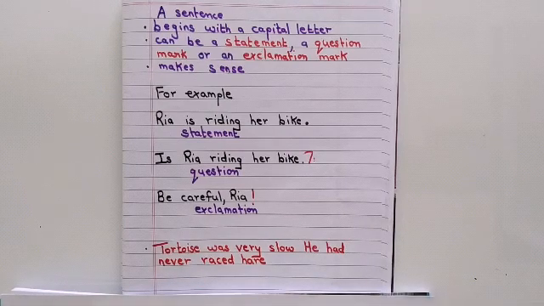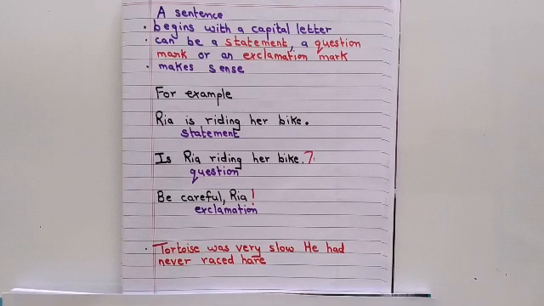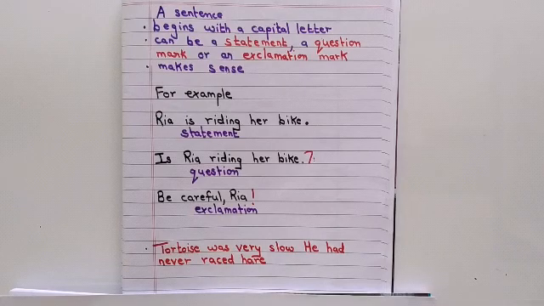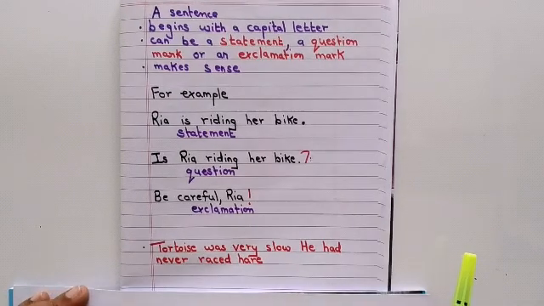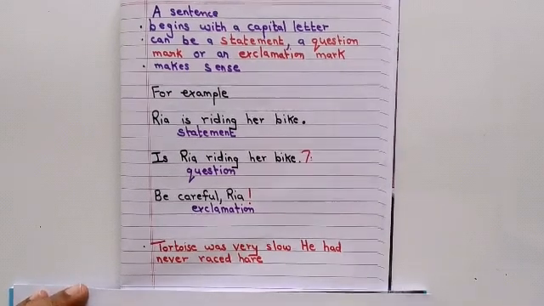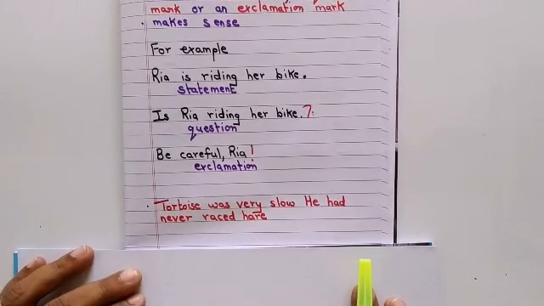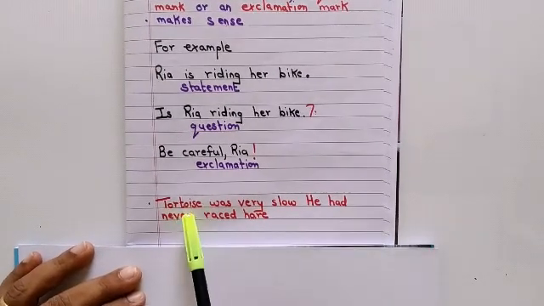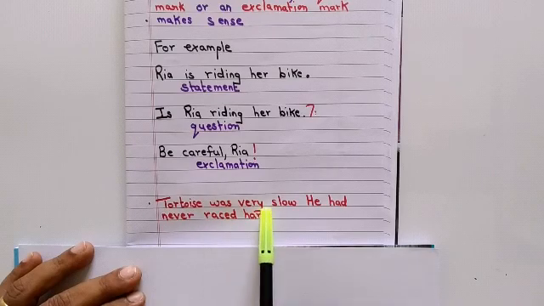Now if I ask you, children, when do I use a full stop? I know most of you are going to tell me, ma'am, after the sentence. Yes, children, you are absolutely right. Now look at this sentence, children. Read this sentence. Tortoise was very slow. He had never raised hair.